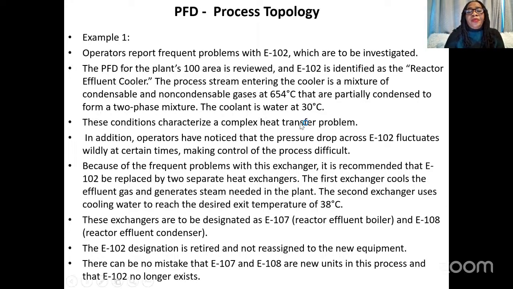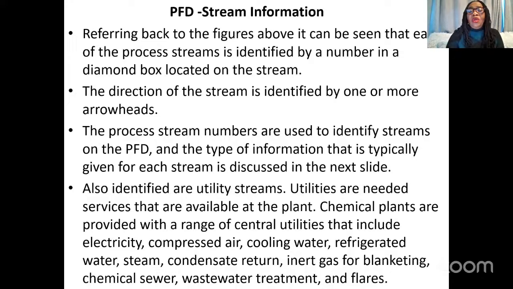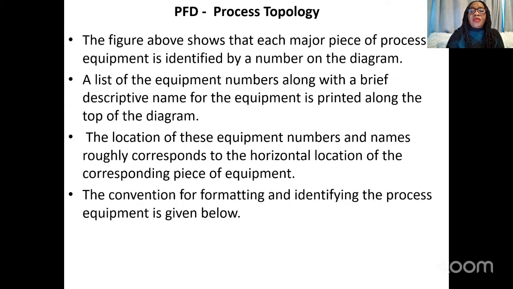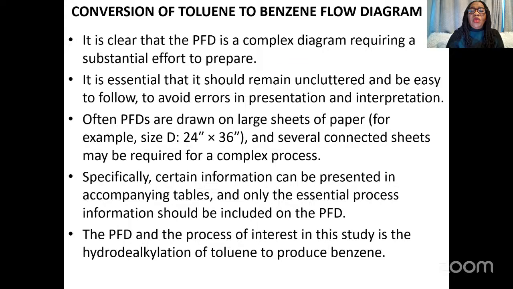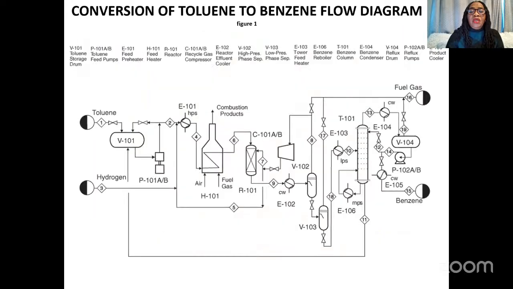And then E102 is identified as the reactor effluent cooler. Let me go back there. E102, let's go and see it on that figure 1. So here E102 is identified as reactor effluent cooler. So that one has been found to have some problem in that process, and it's going to affect everything.